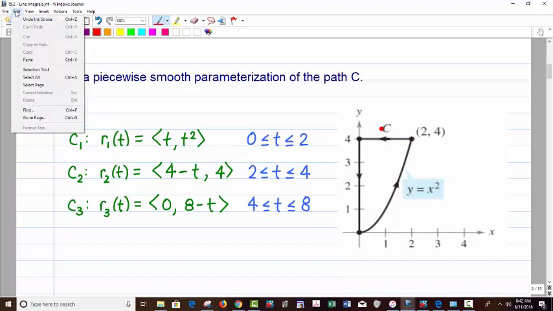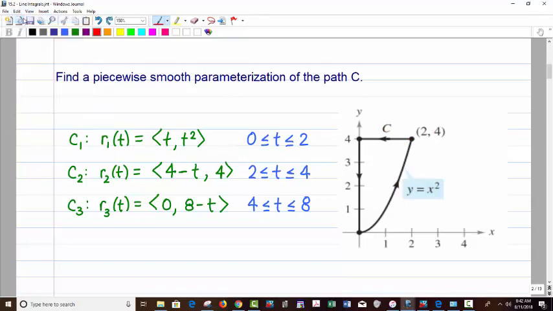So that means our variable t will have to be in there. And here's a little trick: if x is going in the negative direction, that means the coefficient of t will be negative. If it's going to the right, it'd be positive. So with going vertically, if it's going vertically up, that means y will be a positive t. If it's going down, it'll be a negative t. So automatically, this is going to be a minus t.